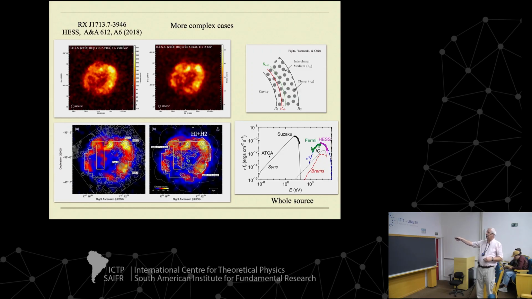You see that here you have Suzaku, not Chandra. So this was the first attempt, to try to figure out what's going on, and something was wrong. So people went deeper and deeper into this source. There is a funny story about this source, because in the early 2000s, it was claimed by the CANGAROO collaboration that this source was a super proton accelerator, with a significance in the detection of 32 sigma.